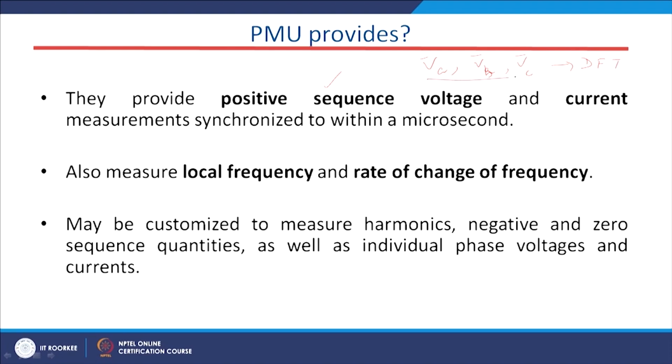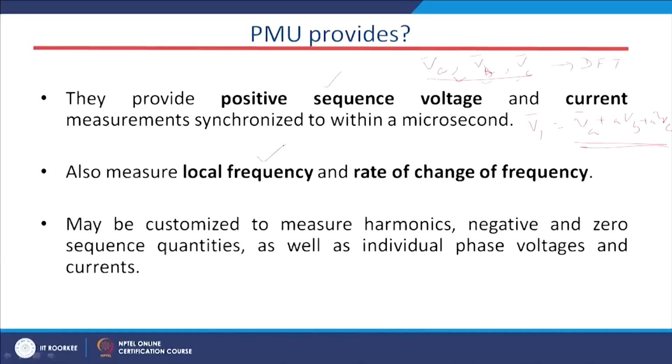Using these phasors, we can always calculate the positive sequence component of the voltage, that is VA plus a VB plus a square VC. So, this positive sequence component of the voltage can be calculated inside the processor of the PMU using the phasors of the corresponding instantaneous voltage signals.